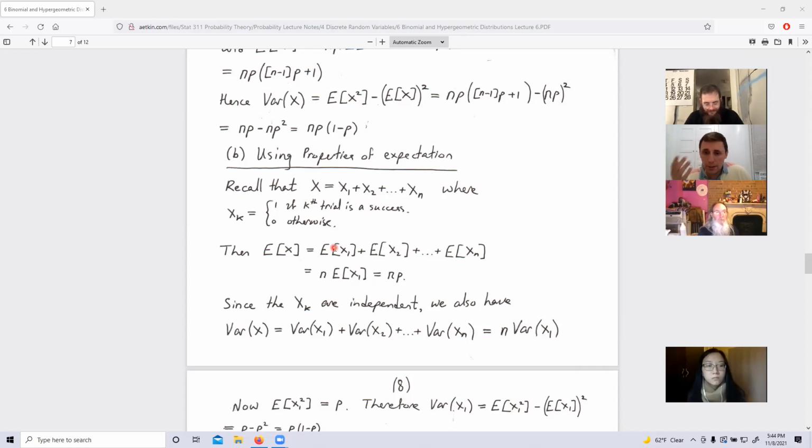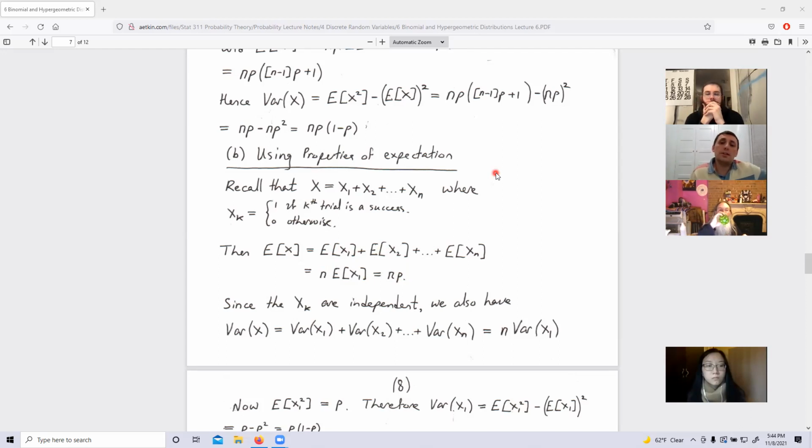It's 1 multiplied by the probability plus 0 times the probability of failure, but we don't even need to consider that because 0 multiplies the probability of failure, and the expected value is just 1 multiplied by probability of success. So you can see that each of them contributes p, and we have p plus p plus p, we have np. Yes, so the expected value of x is the number of total trials multiplied by probability of success of each.